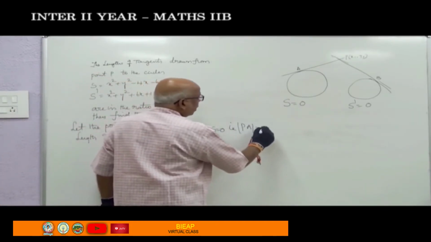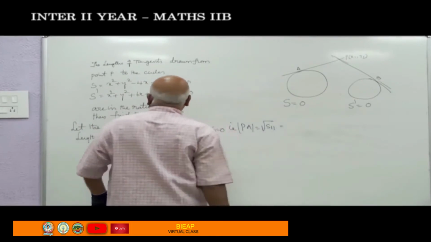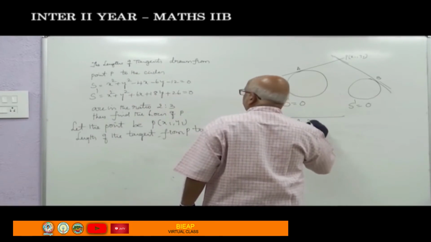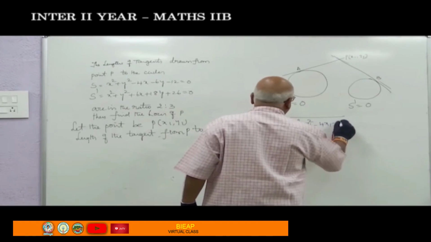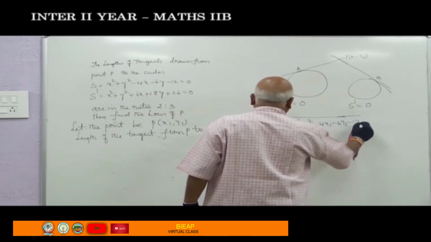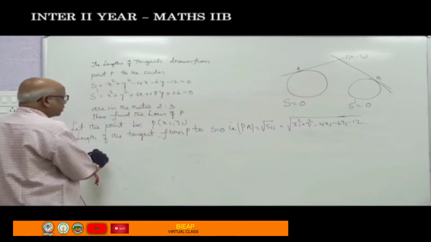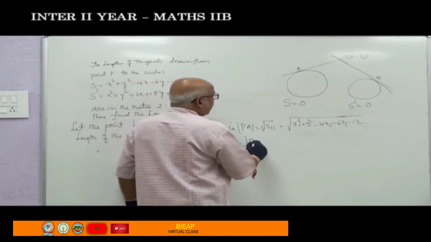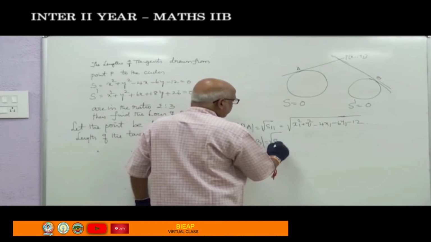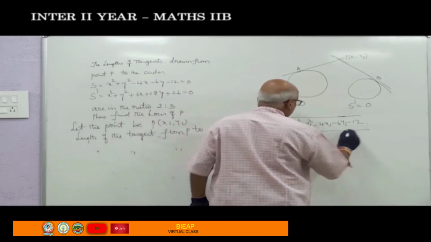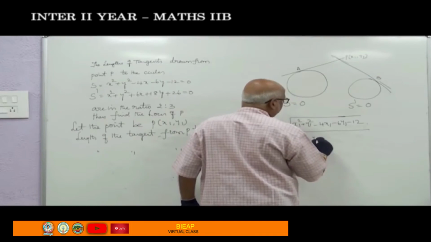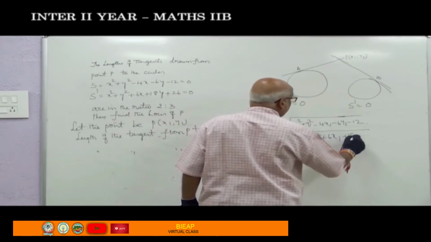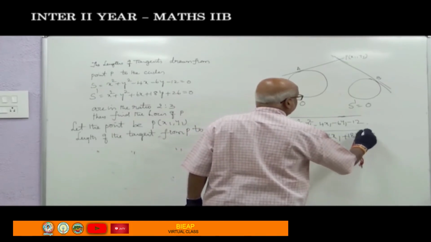What is the formula? Root S11. What is meant by root S11? Substitute here. x1 square plus y1 square minus 4x1 minus 6y1 minus 12. And length of the tangent from P to S dash equal to 0, that is PB. Root S dash 11. Root of x1 square plus y1 square plus 6x1 plus 18y1 plus 26.